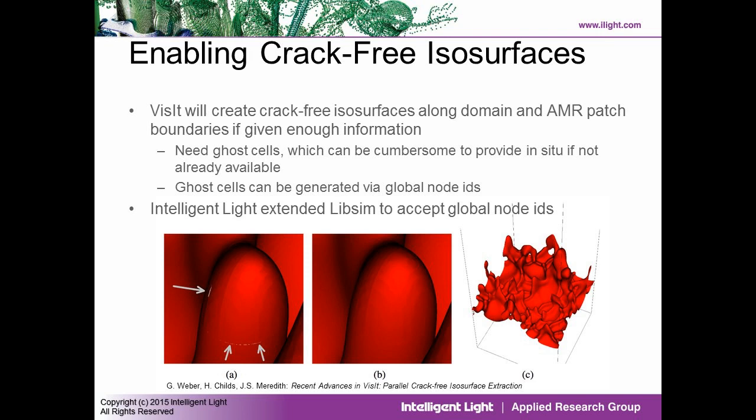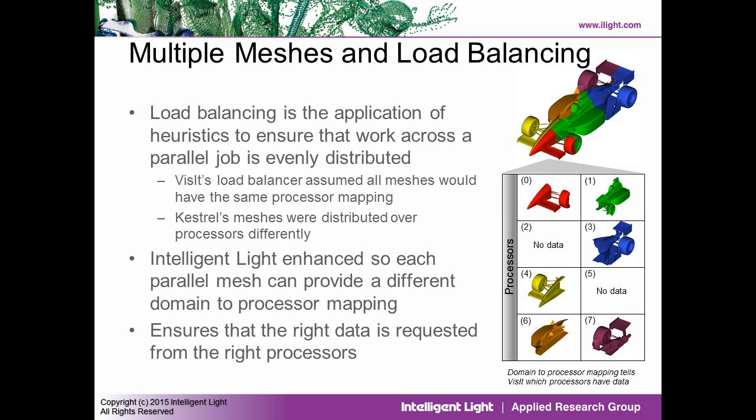The next enhancement that we did was to address VisIt's load balancer. Load balancing, of course, in a parallel application is just a set of heuristics that makes sure that the work in the overall parallel simulation is evenly distributed on the different processors, so you don't have processors taking longer than others if you can help it.